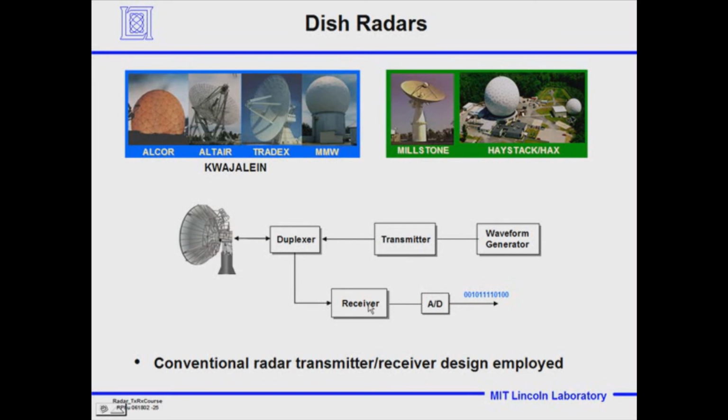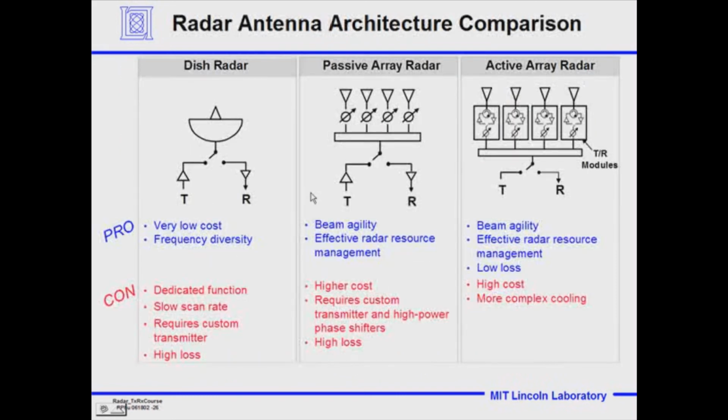And then back a receiver and an A to D converter back to the receiver and signal processor. Dish radars a lot of the time, but not all, will use these transmitters. With dish, we'll use single tube transmitters. Okay, and this is a block diagram of what it looks like.